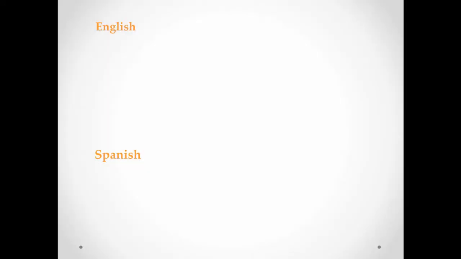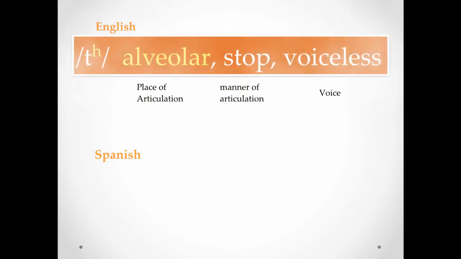Let's take a look at some contrasts between English and Spanish. As we see, the English t is alveolar, stop, voiceless. Now notice that I included a superscript h there. And this is because English t in initial position is aspirated.